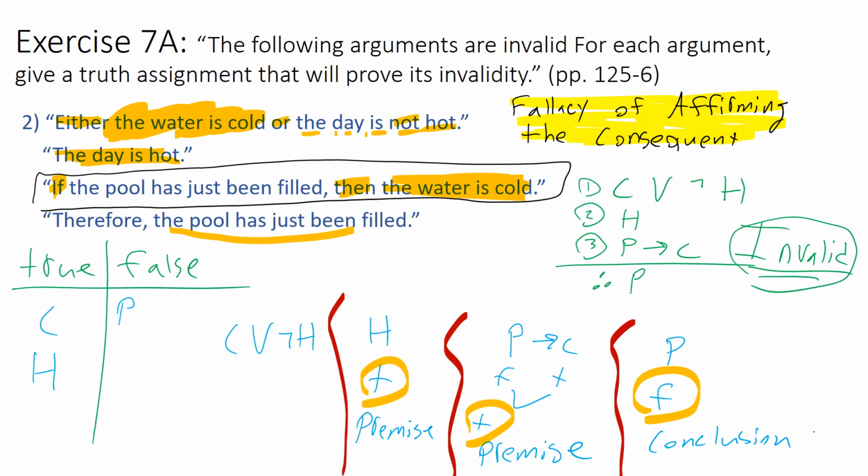So C is true, H is true, but that's negated, so we have false. We have a disjunction, one disjunct is true, so we have a true premise. So we have all true premises but a false conclusion, so the argument must in fact be invalid. So by truth assignment, we see why it's invalid.